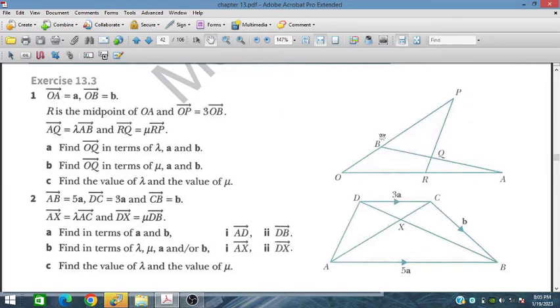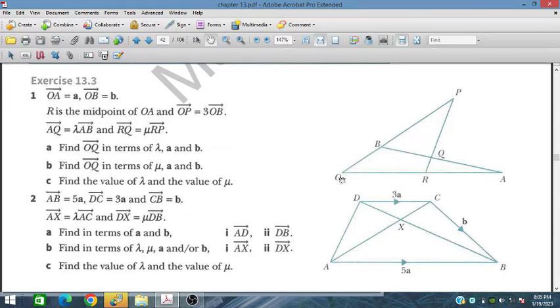Here in this problem, OA is a vector, O to A, which is defined as small a, and OB is a vector represented by small b, and R is the midpoint of OA.